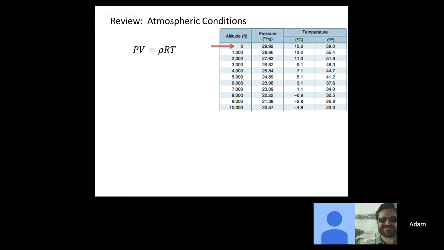Now, this is an ideal state. You very rarely have this, obviously. But when we define the term pressure altitude, it is this table exactly. It's a 29.92 pressure at sea level and 15 degrees Celsius at sea level.